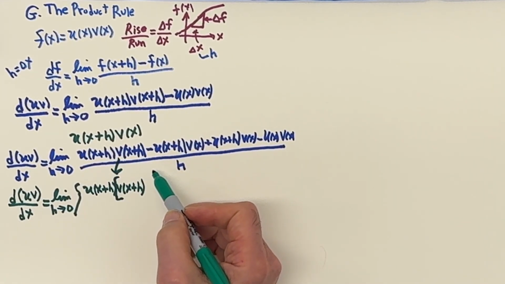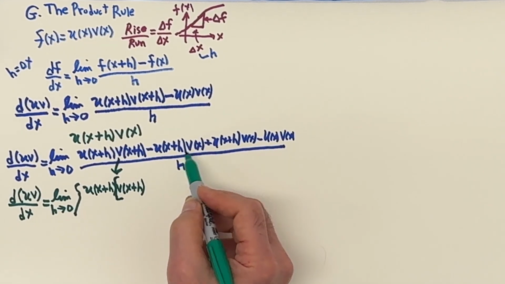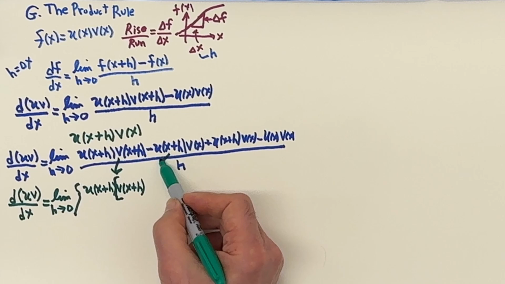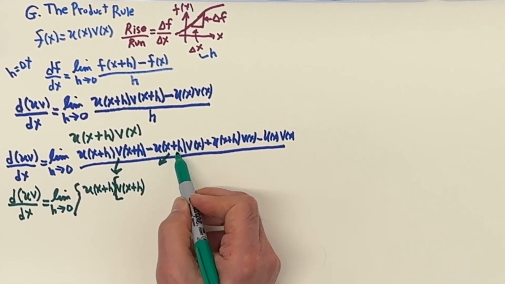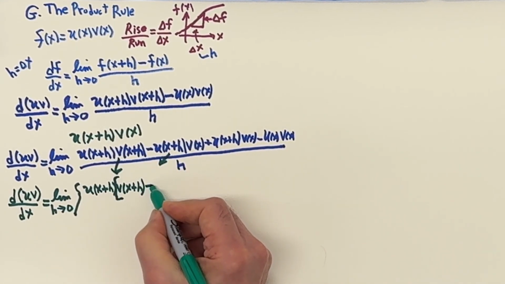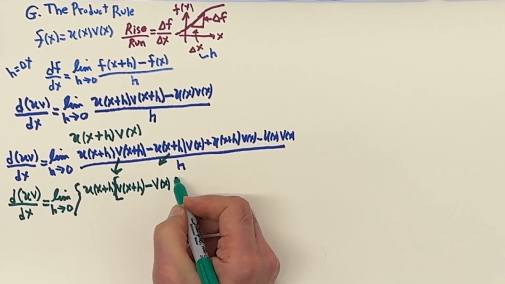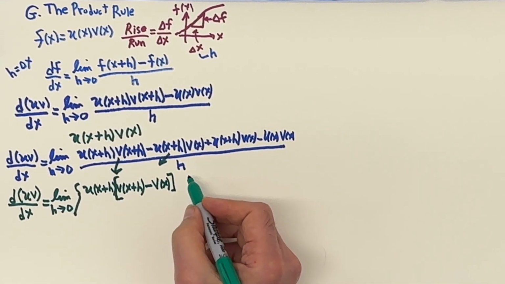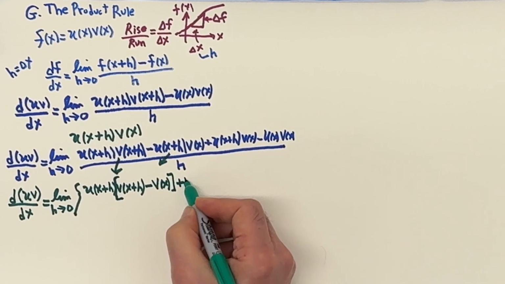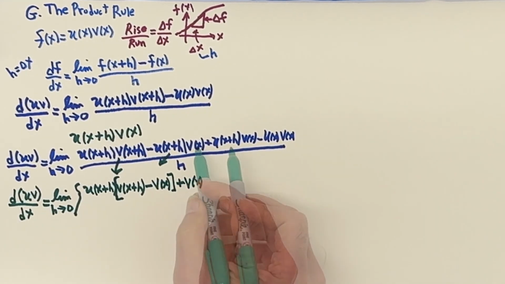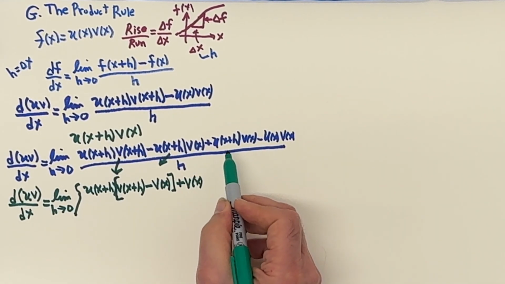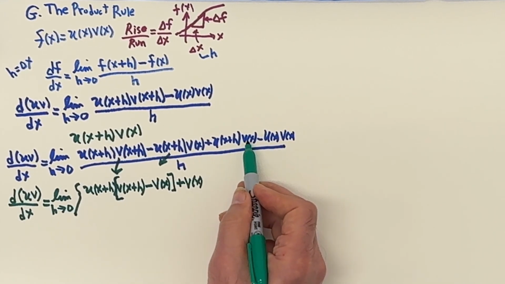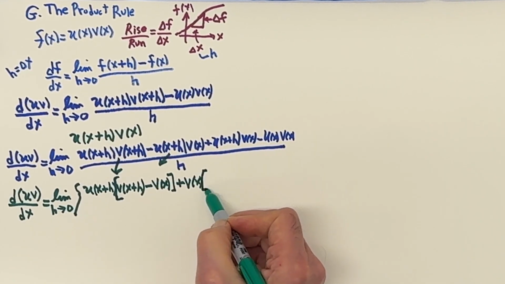And then what I'm going to do here is put the second term next, which has the u of x plus h out front, but then a minus v of x. So that takes care of the first two. Then for the last two, let's do it with the v of x factored out.